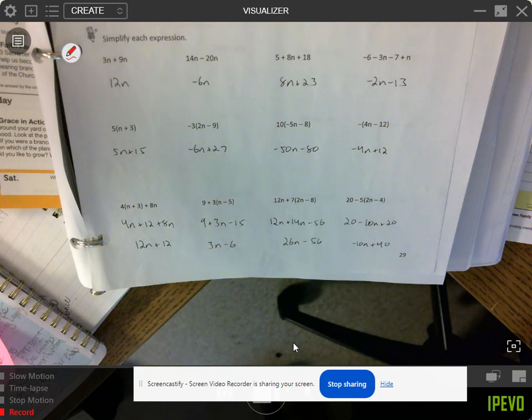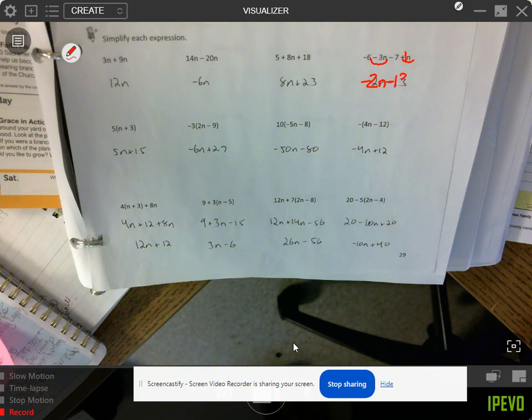All right, so I'm going to combine my variables first. So negative 3n plus 1n gives me a negative 2n. Negative 6 minus 7.